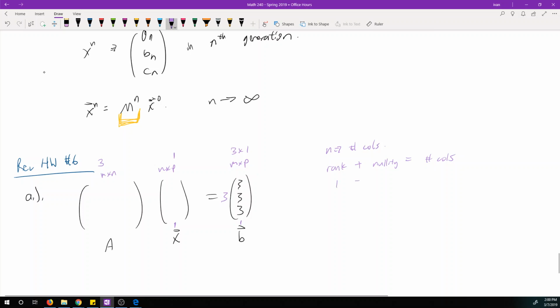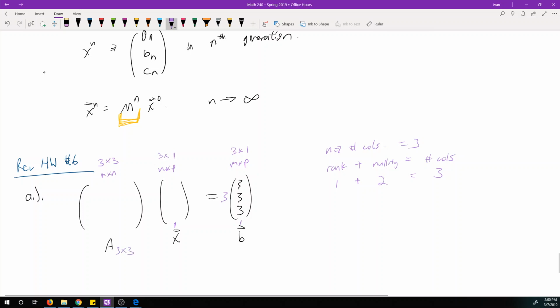And what's the nullity? I give you 2 vectors in the kernel, so the nullity has to be 2, since I tell you what the kernel of A is. So the number of columns is 3, n is equal to 3. So now A is going to be 3 by 3. Okay, so that's part A.